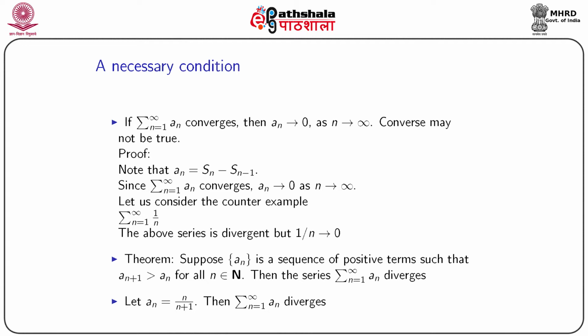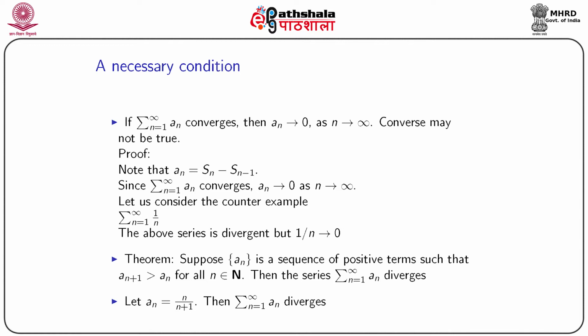The proof is not very difficult. You know an can be written as Sn minus Sn minus 1. Take n equals 2. How do we get a2? I can write a2 as s2 minus s1, because s2 is nothing but a1 plus a2 and s1 is a1. So s2 minus s1 is a1 plus a2 minus a1; a1 gets cancelled and we are left with a2.